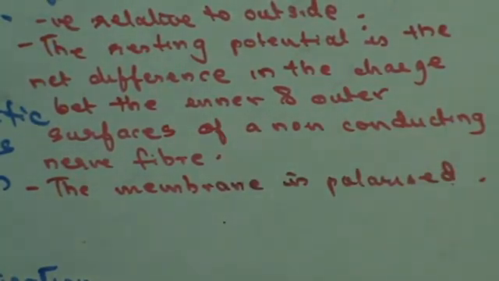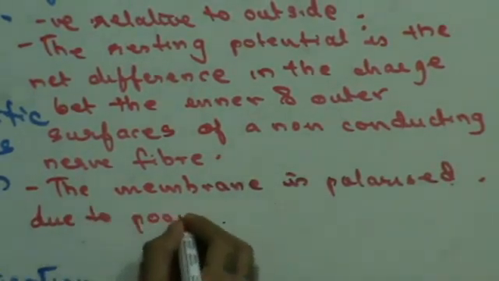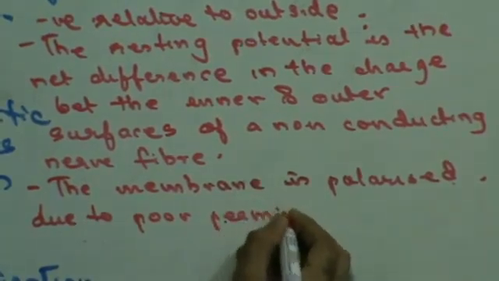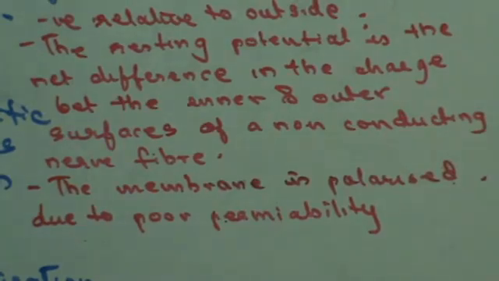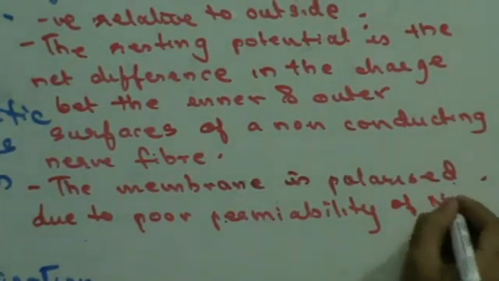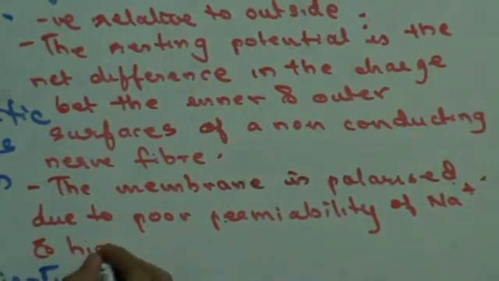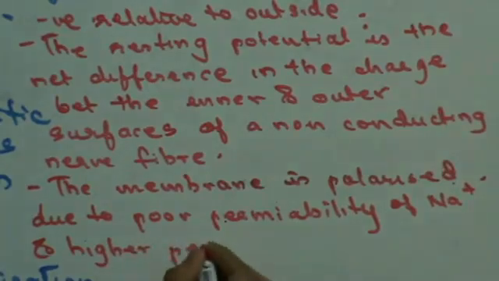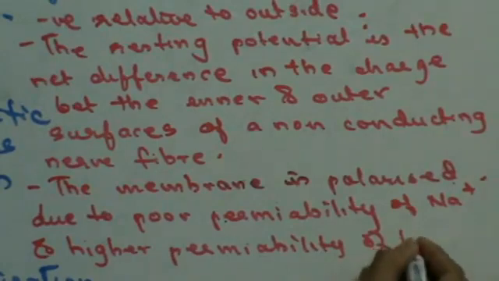Why does it have a charge on it? The membrane is polarized due to poor permeability of sodium ions and higher permeability of potassium ions. Right, that is one of the reasons.